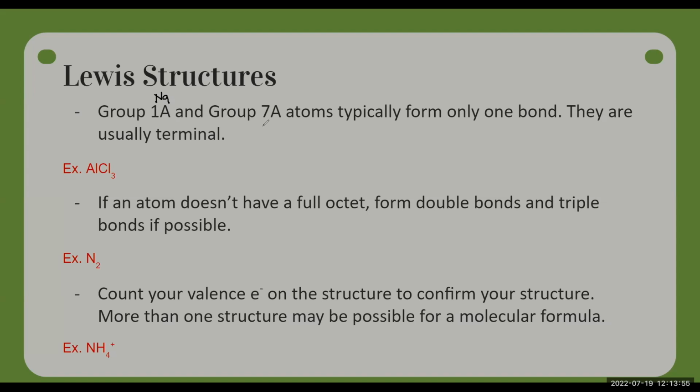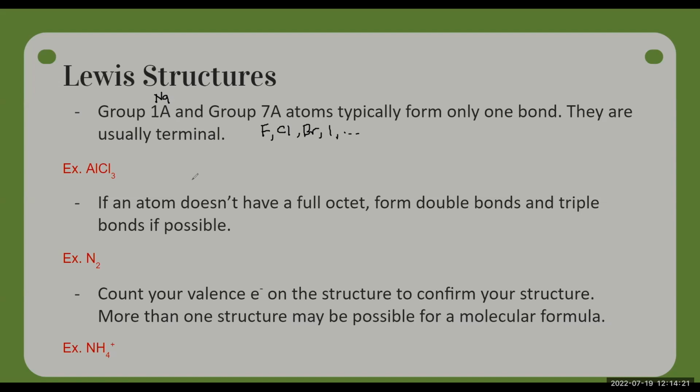So we have fluorine, chlorine, bromine, iodine, and so on. And these only form 1 bond in most cases. As a result, these group 1A or group 7A atoms are usually going to be terminal.